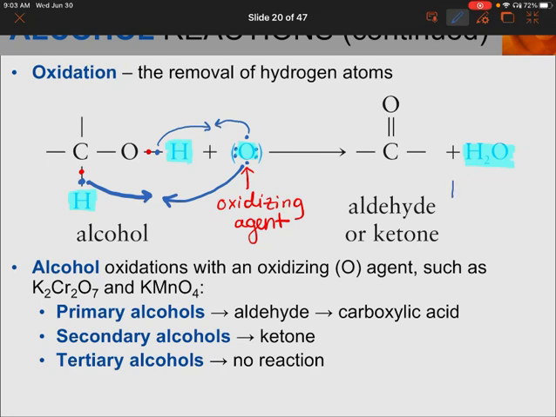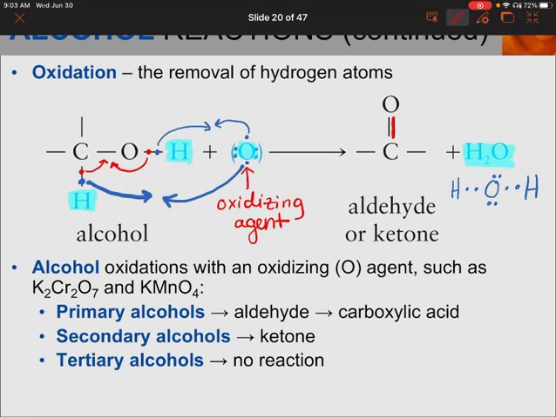So then at the end, that will give us our water molecule. And then the other electrons that are left over are going to team up and create our double bond. All right, so that gives us a carbon double bonded to oxygen.